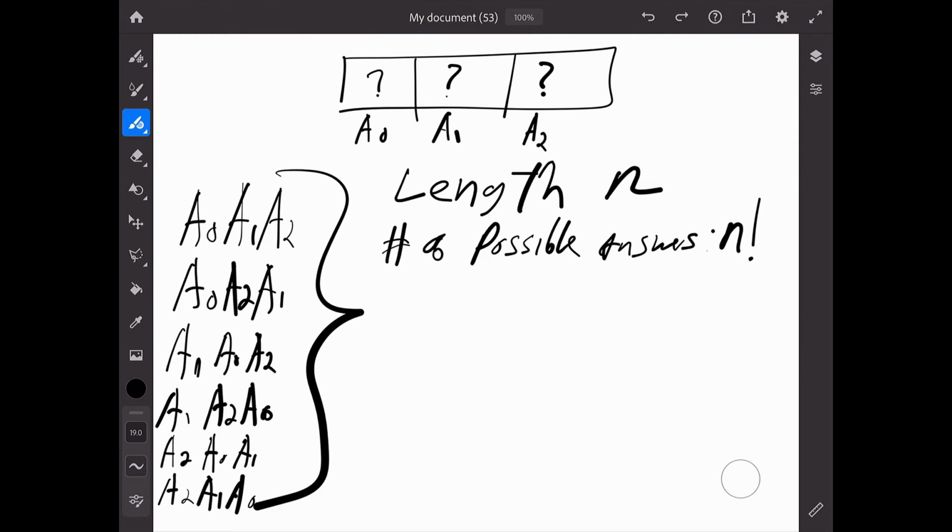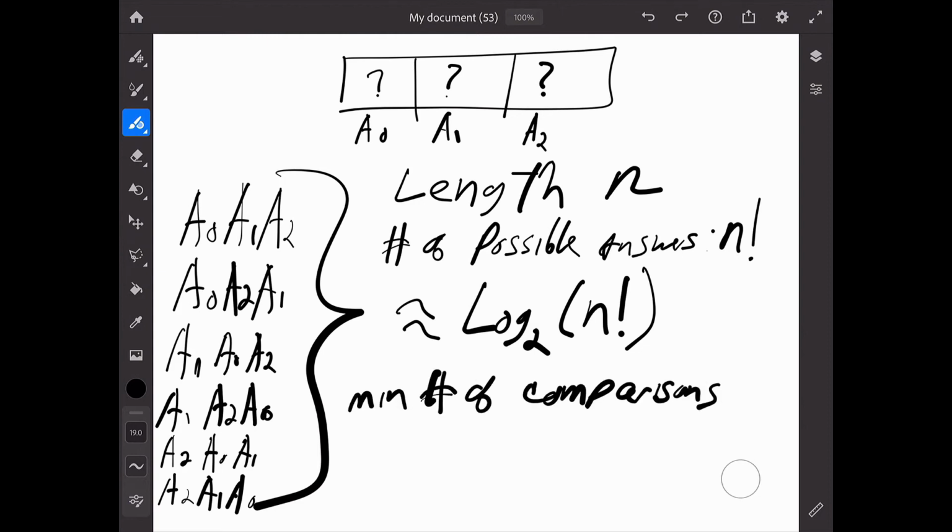That's what the factorial is, the number of ways of arranging n things. So if I start out with n factorial possible choices here on the left, and I get rid of half of them each time I do a comparison, then I know it's going to take me approximately log base 2 of n factorial to whittle them down to the one final choice. So my minimum number of comparisons is approximately log base 2 of n factorial.